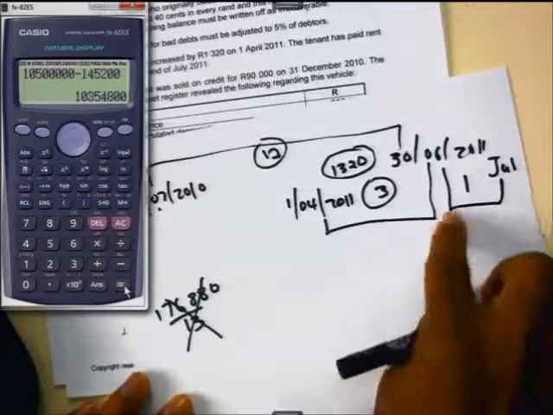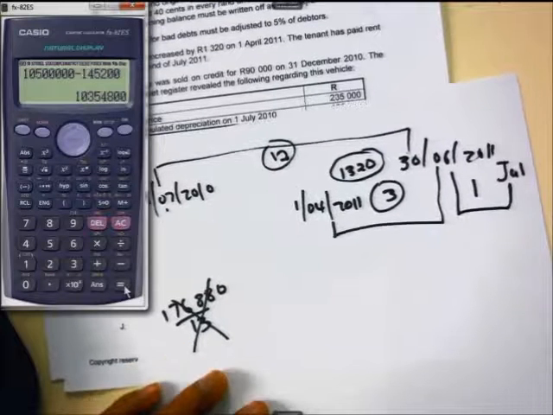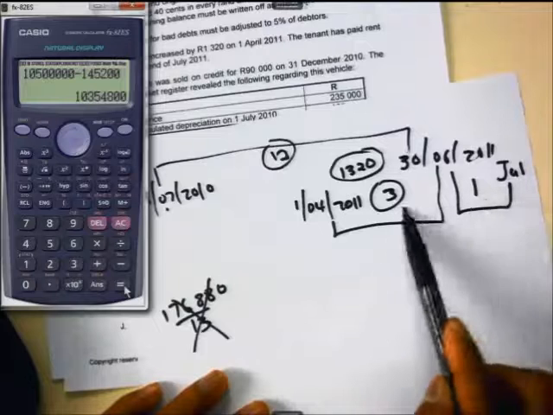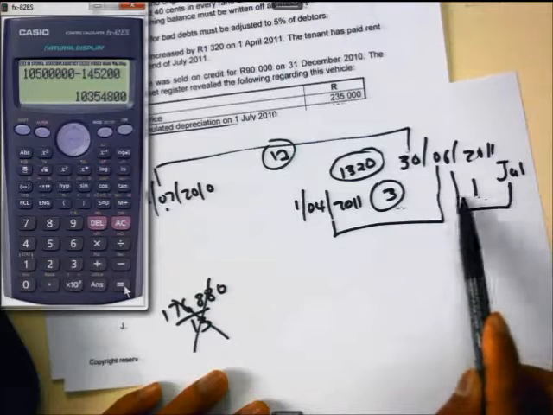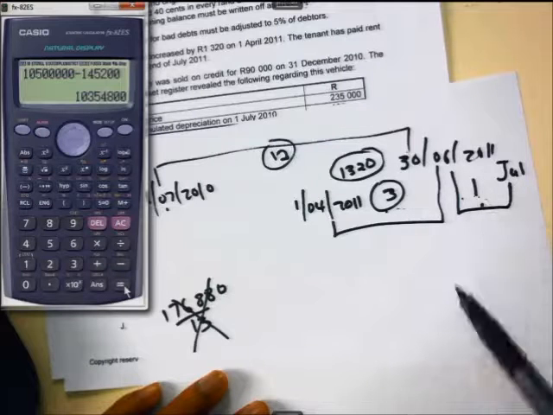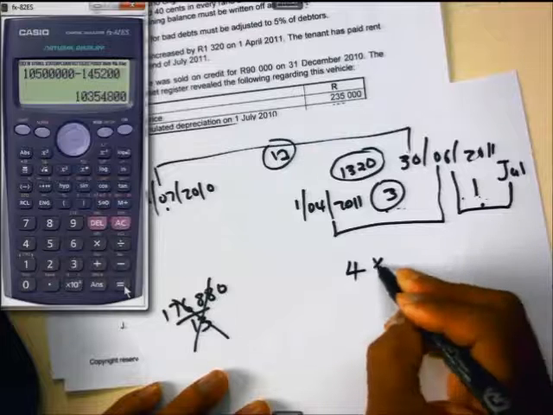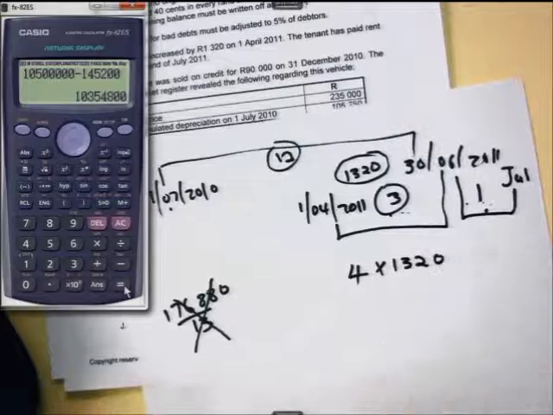Remember the whole information is included in the trial balance amount 176,880. We'll check how many months include the increase: 4 months, 3 months inside the accounting period and 1 month outside the accounting period. So we have 4 months that include the increase of 1,320.